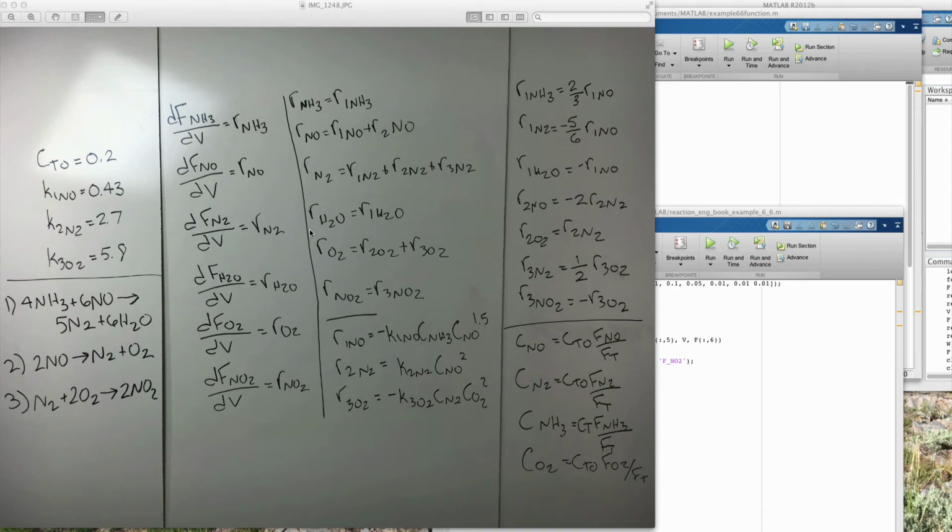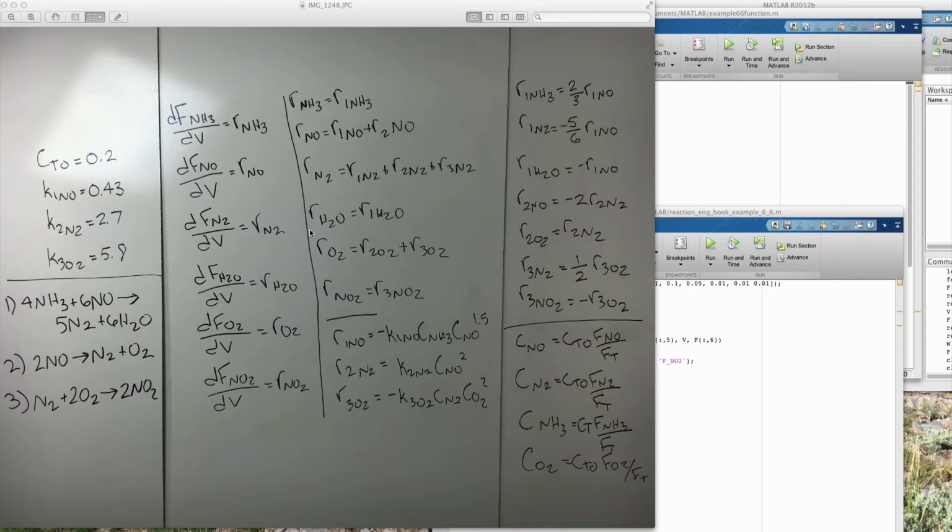Here's the second part of this video where I'm going to show you how to solve these equations in Matlab. I'm probably not going to spend a ton of time on this because you'll quickly see that this is basically the same code I've been using for the other problems I've shown you in Matlab as far as solving ODEs.